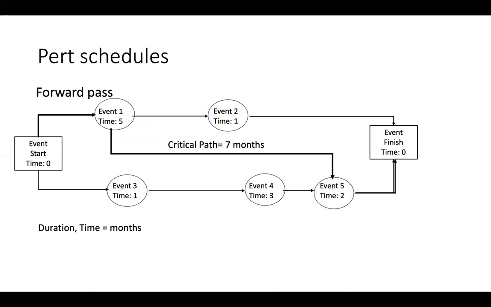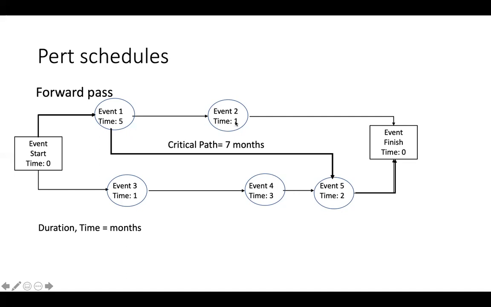Taking this into consideration, we see that event 1 can earliest start at the beginning of month 1, and can earliest be finished by the end of month 5, since it has a duration of 5 months.